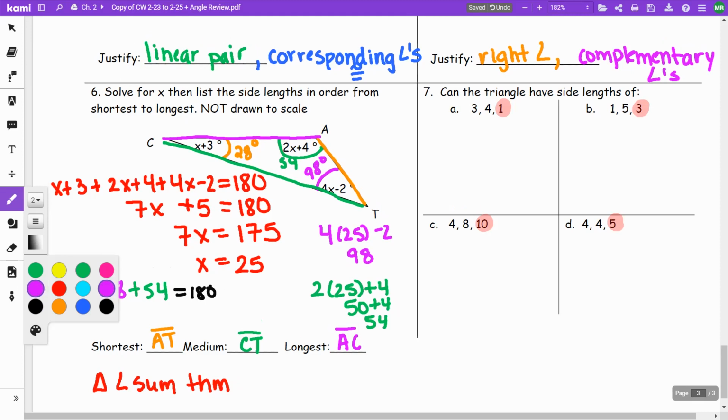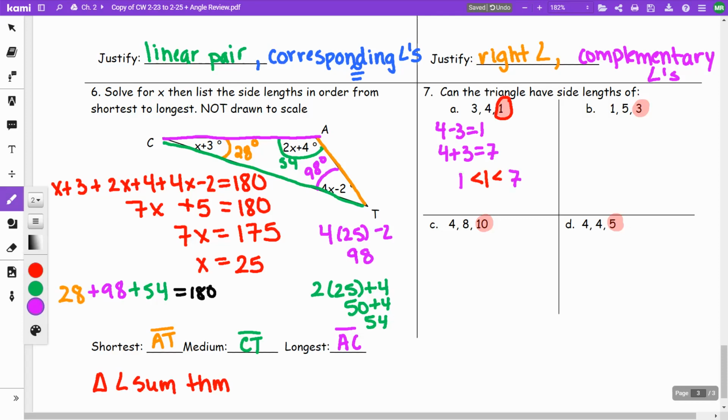So for the first one, I'm going to take my 4 and 3 and I'm going to subtract them and I'm going to add them. And this one has to be in between the two numbers I got, and it's not. Okay, it cannot equal 1, so this is not a triangle.